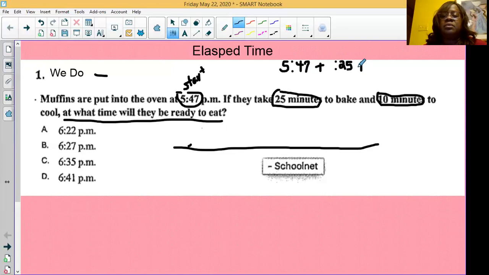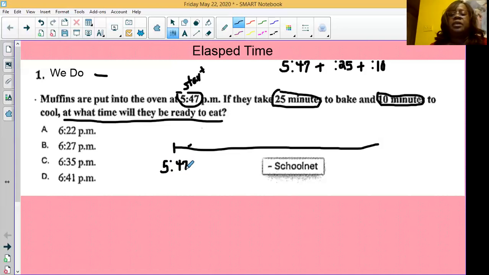And we're also going to add an additional 10 minutes. Okay, all right, so let's go ahead and make sure we have 5:47 at the beginning. Okay, so we're at 5:47.